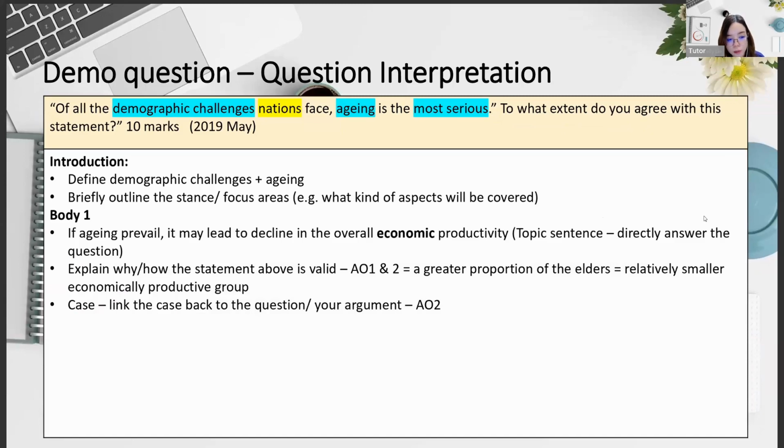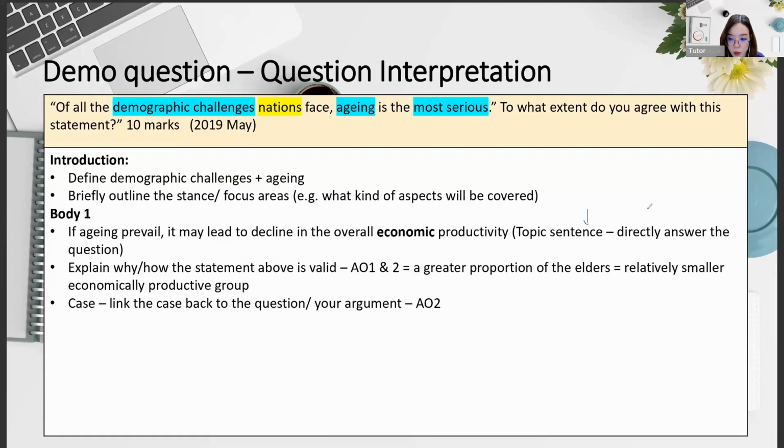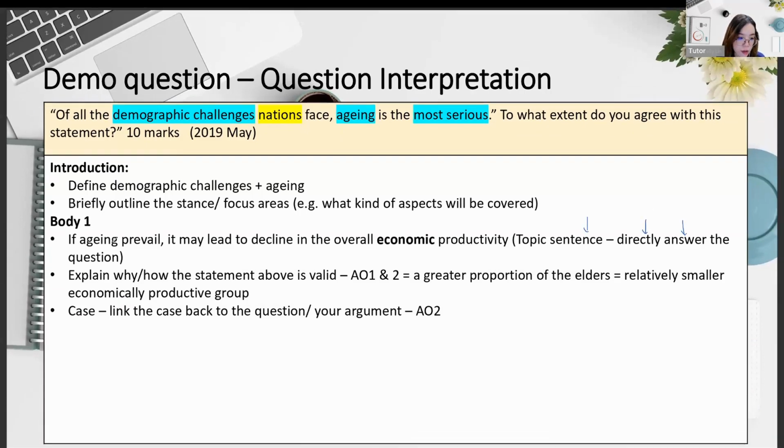And then for body number one, for whatever body paragraph, by the way, make sure that you can have a clear topic sentence that can directly respond to the question. If the question is asking you how or in what way aging may be the most serious challenge, then you can tell the readers or examiner why.